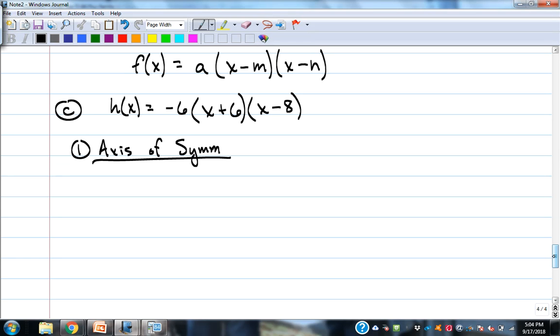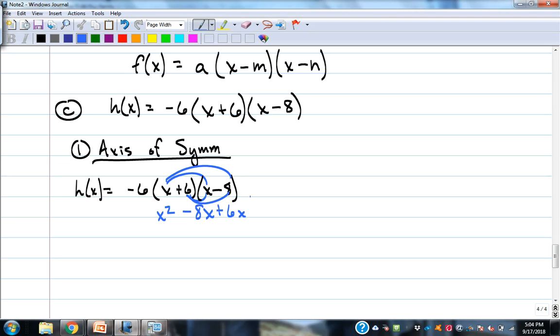This one takes the most work for axis of symmetry and vertex. The reason it takes more work is because we want to use the same formulas as for standard form. So I'm going to multiply this back out: -6 times x plus 6, x minus 8. So x times x is x squared, minus 8x plus 6x, minus 48.